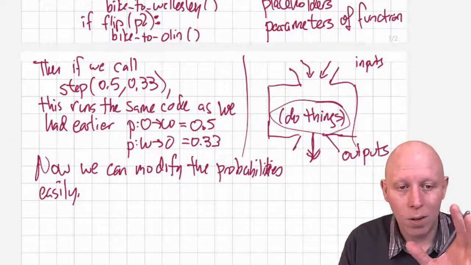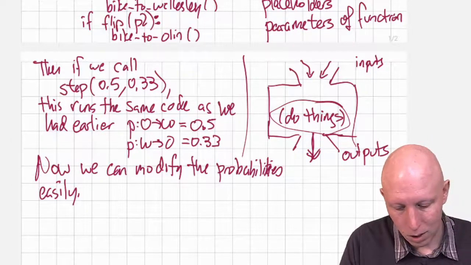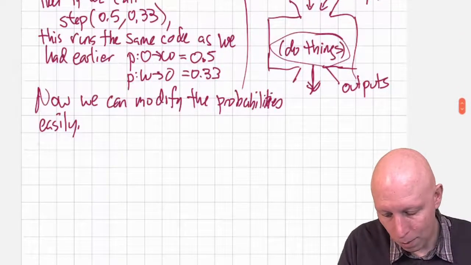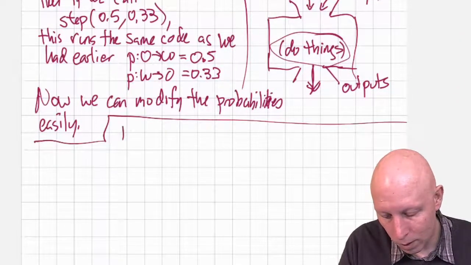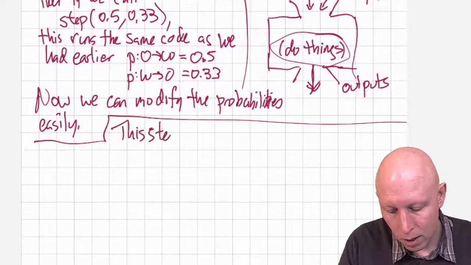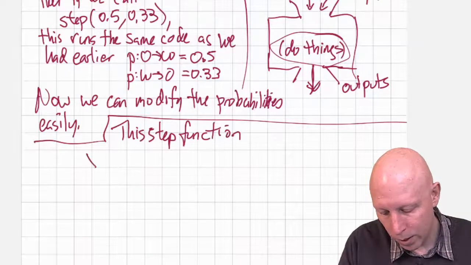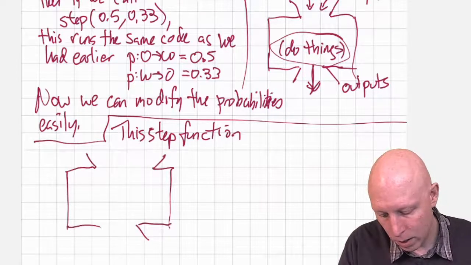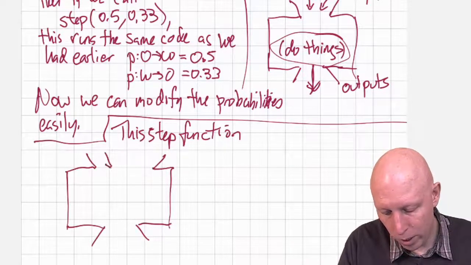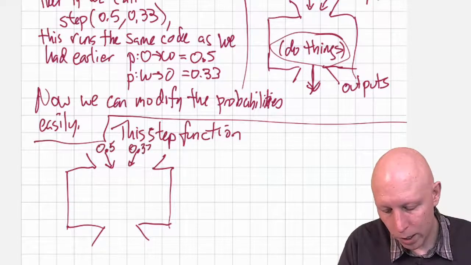If we're going to talk about this step function, the mechanics of what's happening are, well, we put in our values, 0.5 and 0.33, and those get put into P1 and P2.